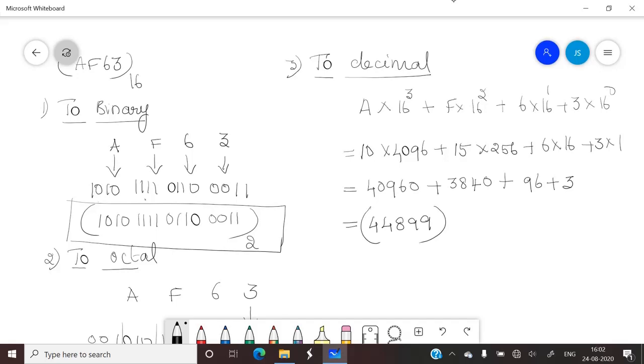When we add up all these, we get 44899, which is the decimal equivalent of the given hexadecimal number.